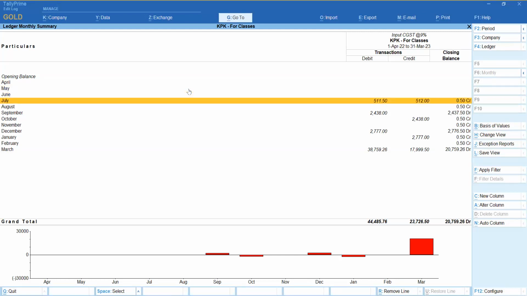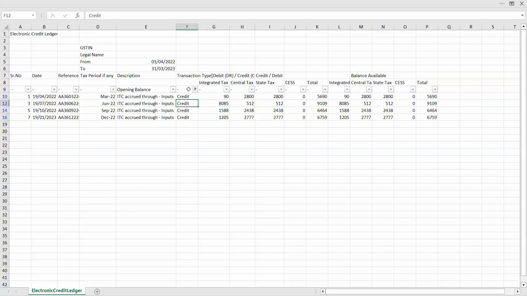So if I am claiming this, I am saying to the department that from April 22 to June 22, my purchases on which I am eligible for input is 8085, 512, 512. Okay, but my books of accounts are not proper. So I have not done the entries properly. So what I have done, see, this is all created entries. In a practical scenario, it will not happen. That's why I'm highlighting that whatever you are claiming in quarterly return or monthly return, if you assume it is a monthly return, then in the June 22 return, the input availed is 8,085, 512, 512.